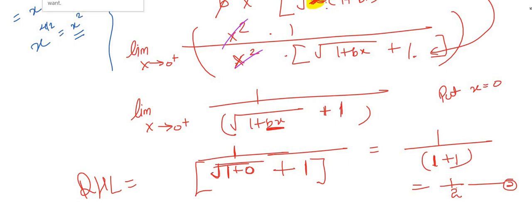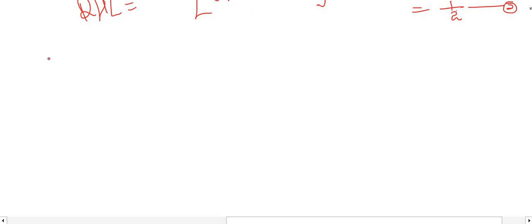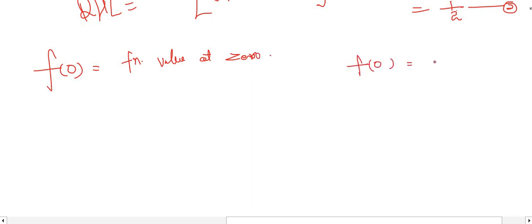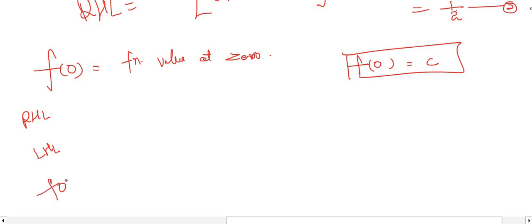Now if you look at the question, we have to calculate f of 0, the function value at 0. So what is given for the function value at 0? f of 0 is already given, and I think it was given as C. So we got three values: RHL, LHL and function value.